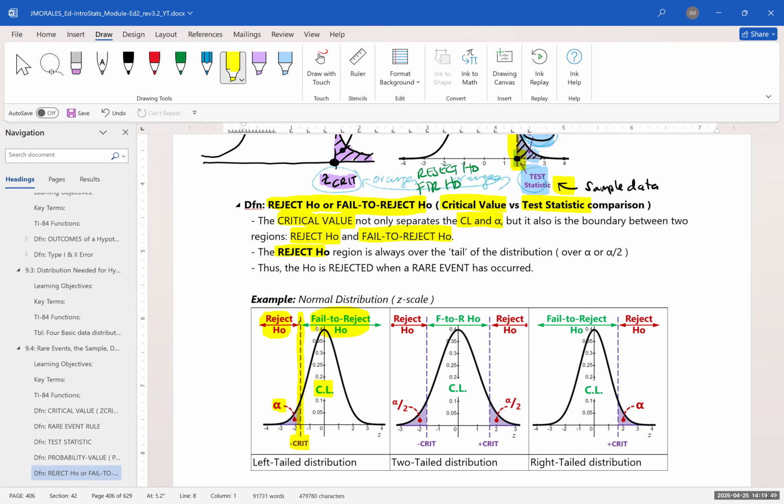The reject the null region is always over the tail of the distribution. So I think I had mentioned that before, that reject the null is always over the significance level area, right? Thus, the null hypothesis is rejected when a rare event has occurred.